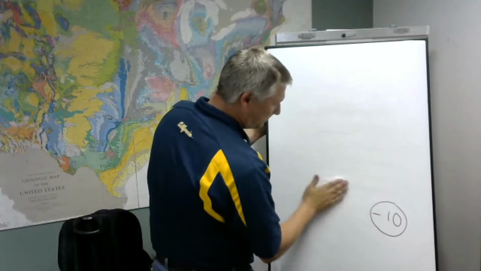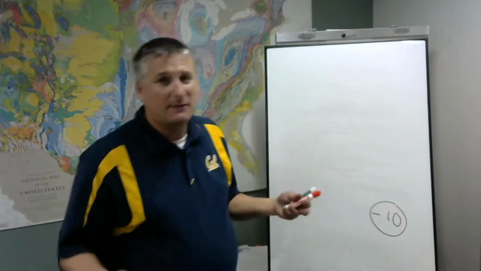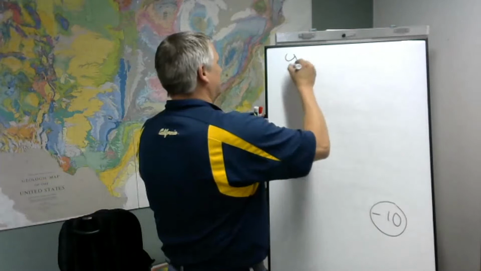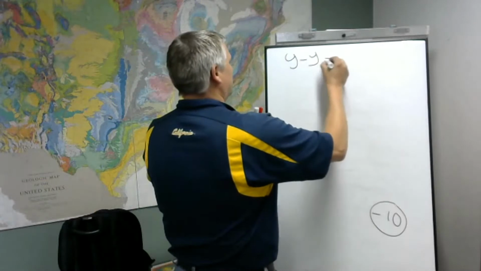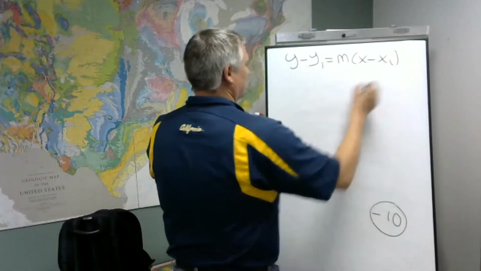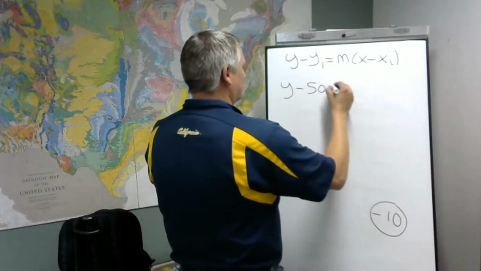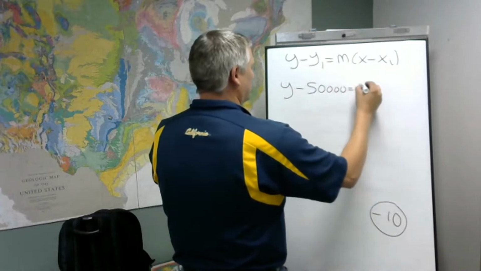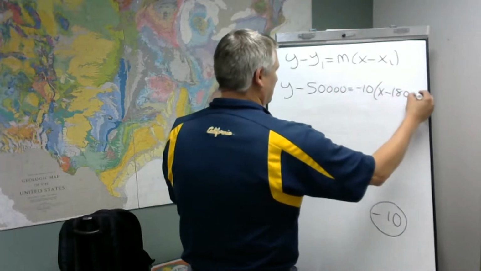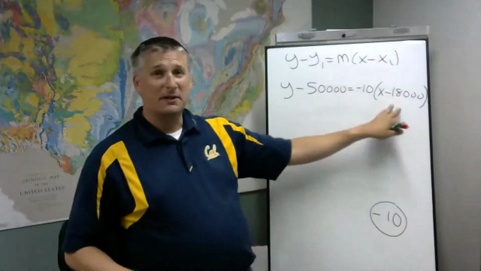So we have our slope of -10, and I'm just going to use x1 and y1, which were 18,000 and 50,000. So we've got to distribute this -10.